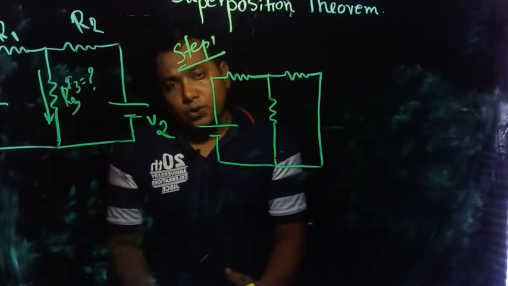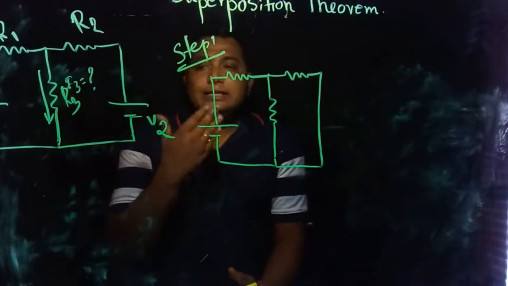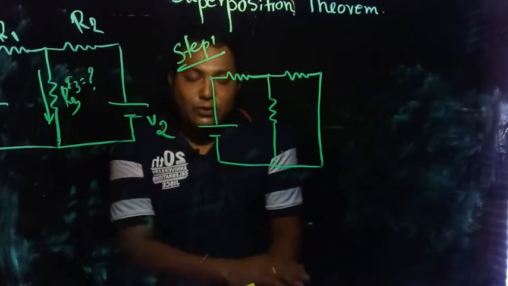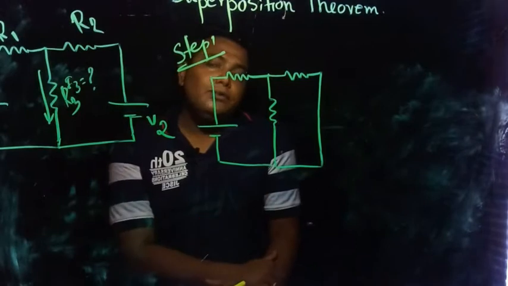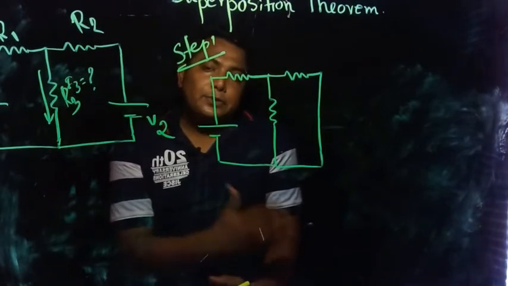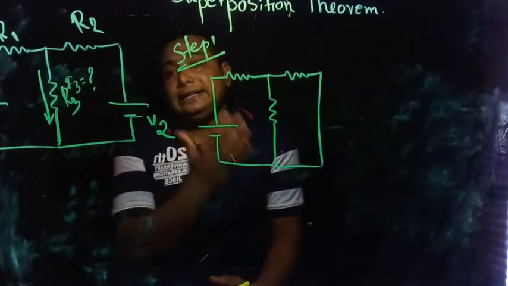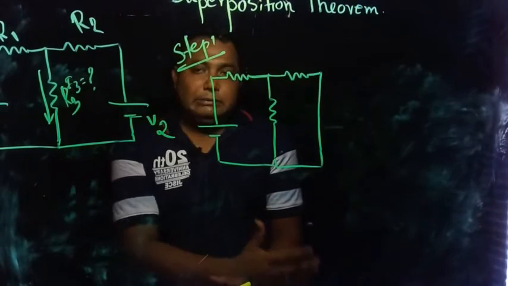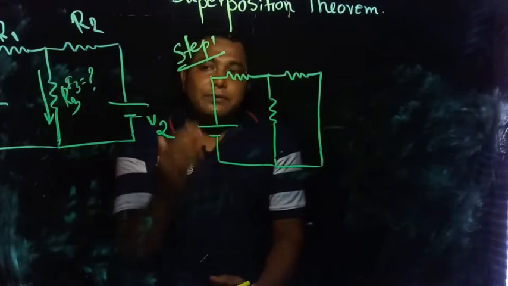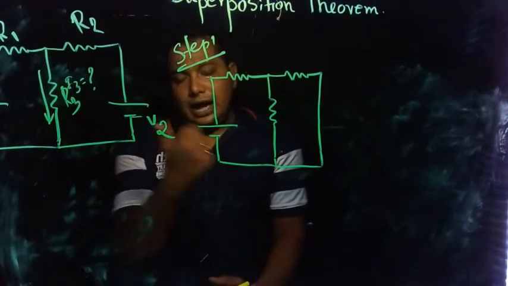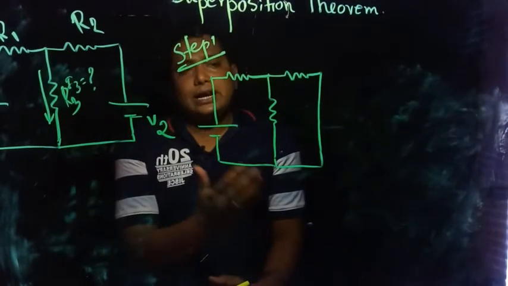Ideal voltage sources have zero internal resistance. So when we remove the voltage source from the circuit, we have to make that terminal short, because a short terminal always offers zero resistance. So that's why when we remove an ideal voltage source from the circuit, we short that terminal.